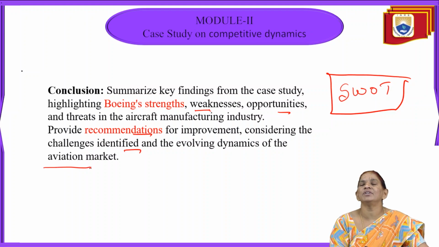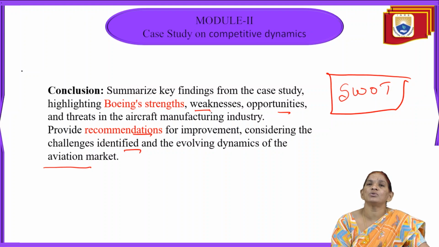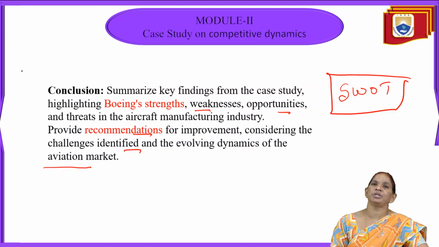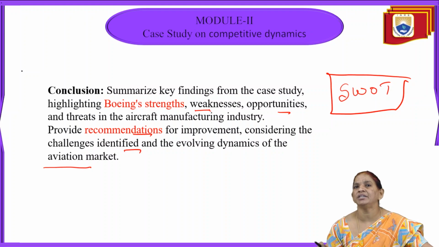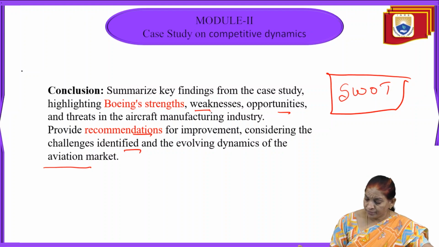It gives a recommendation on how it faced the challenges and once again gained a reputation in the aviation market. These are the competitive dynamics we can identify in the case of the Boeing aircraft industry.